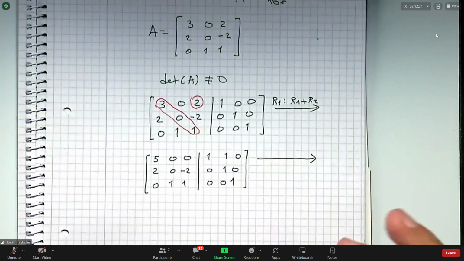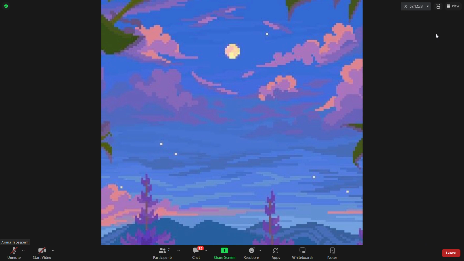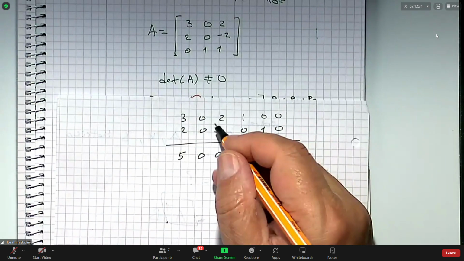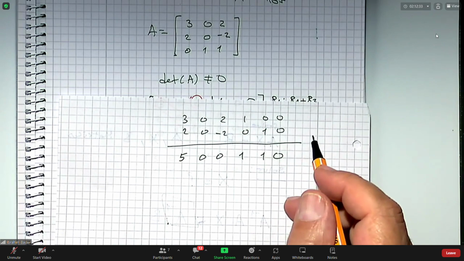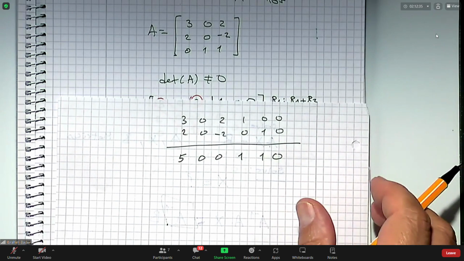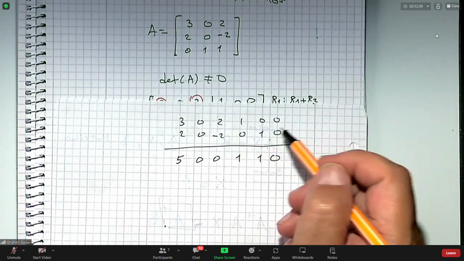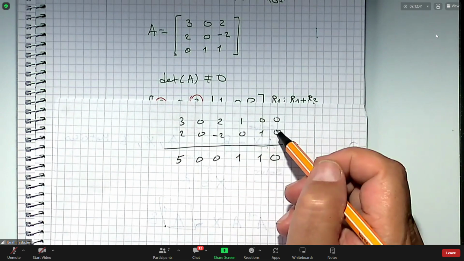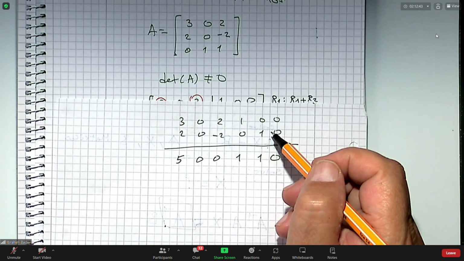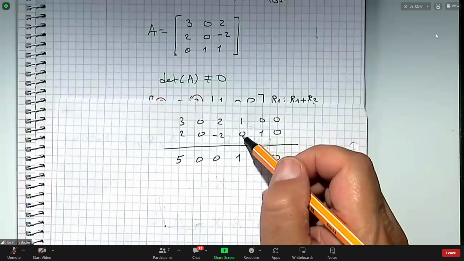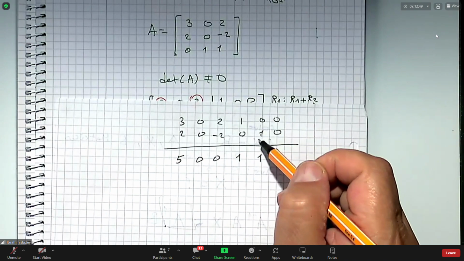Why is it 1, 1, 0 now? Because I added the first two rows to each other. Don't forget the right-hand side also needs to be considered in this step. 1 plus 0 is 1, 0 plus 1 is 1.